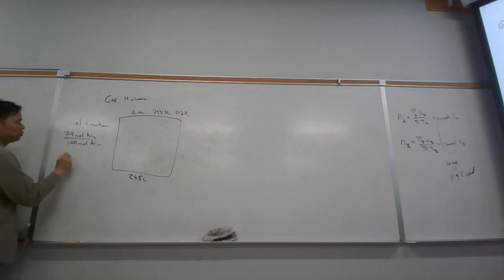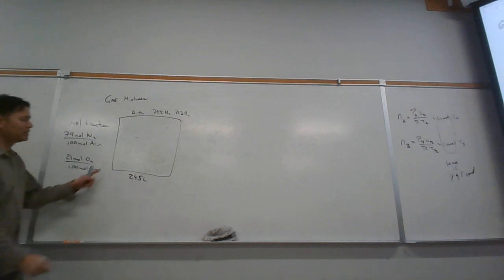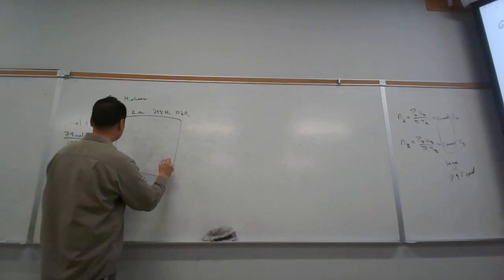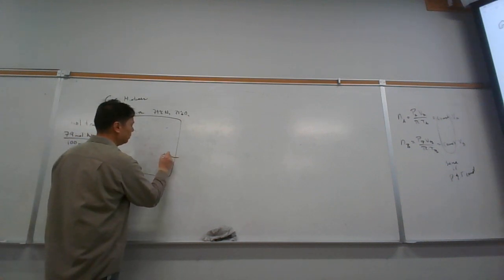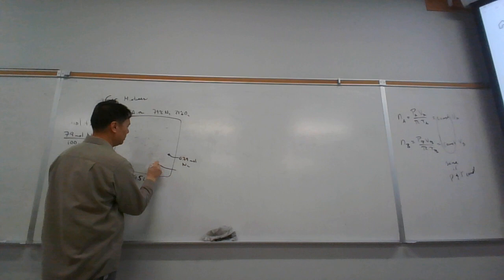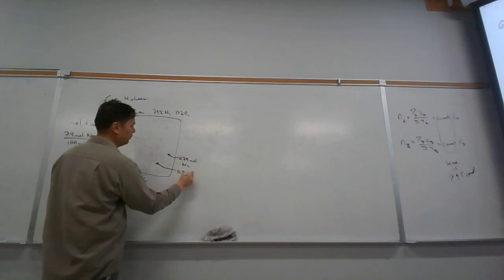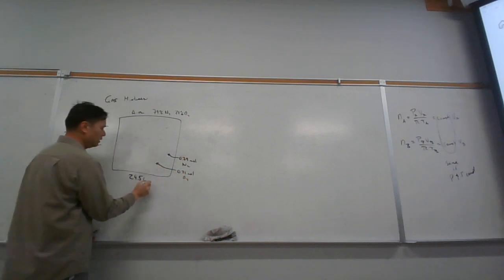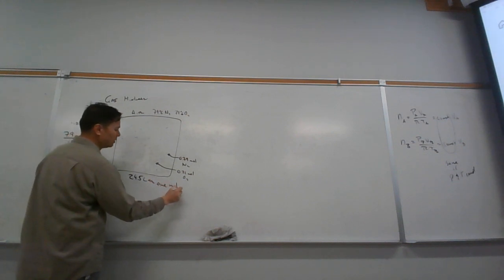And then I'm going to have 21 moles of oxygen for every 100 moles of air. And so in this container, I'm going to have 0.79 moles of nitrogen and 0.21 moles of oxygen, and this is 1 mole of gas.